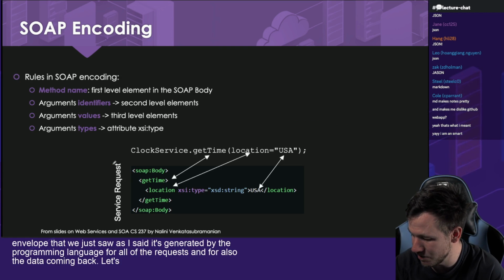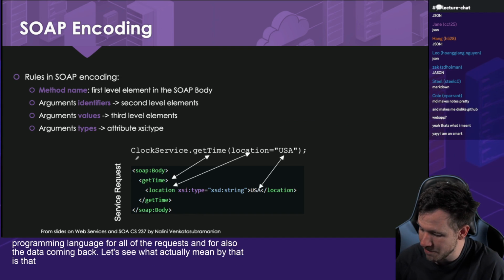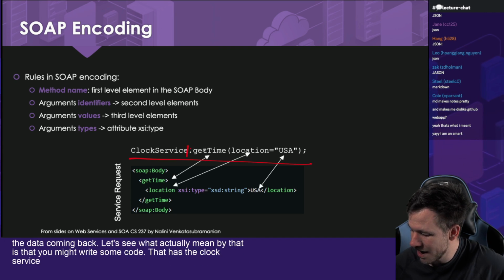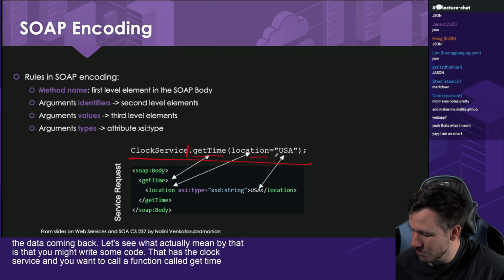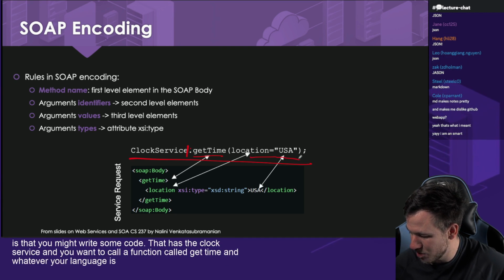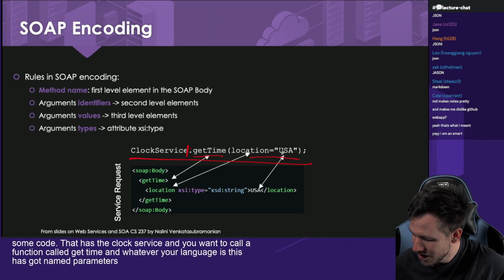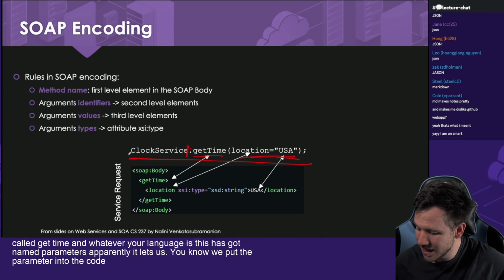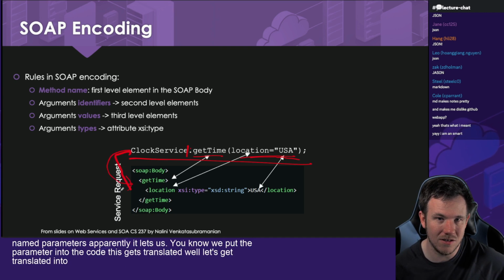Let's see what I actually mean by that. You might write some code that has the clock service, and you want to call a function called getTime, and whatever your language is, this has got named parameters, apparently. We put the parameter into the code. This gets translated into a SOAP envelope.